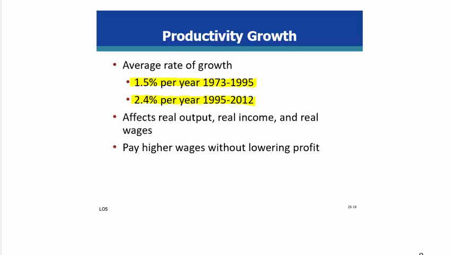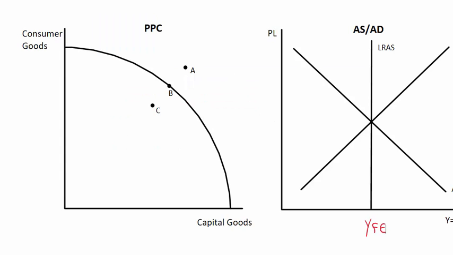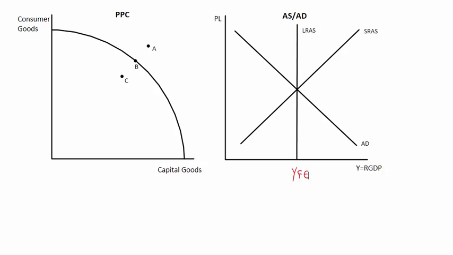The last thing I want to do is just show you how we can graph economic growth. I've taken this from the workbook, and this is a macro production possibilities curve. You don't need to title this at all, but the reason why this is macro is we're not talking about donuts and cupcakes or bicycles and skateboards.